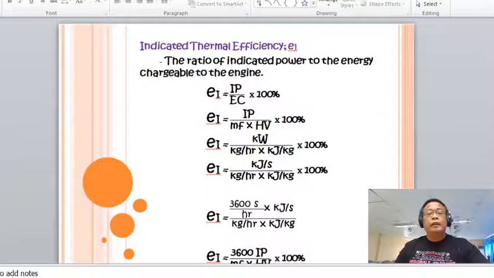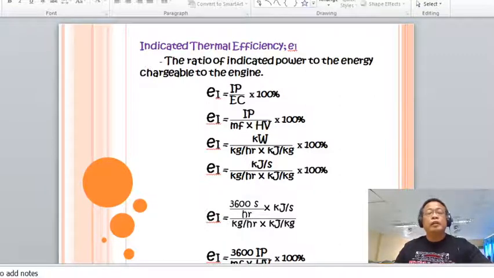And the heating value is defined in kilojoules per kilogram. Knowing also that a kilowatt is equal to kilojoules per second.